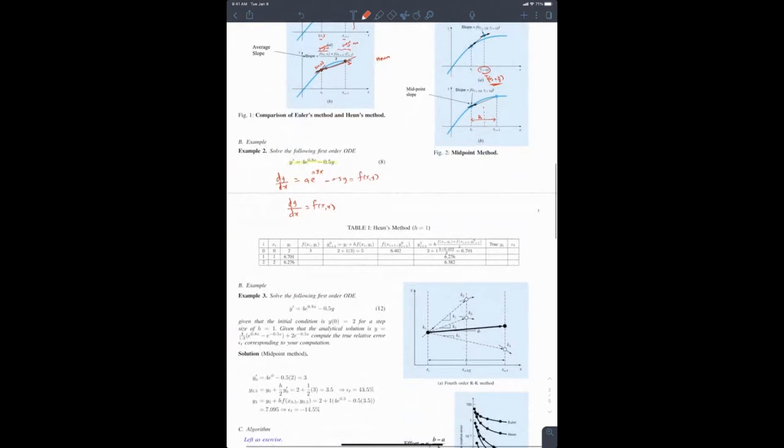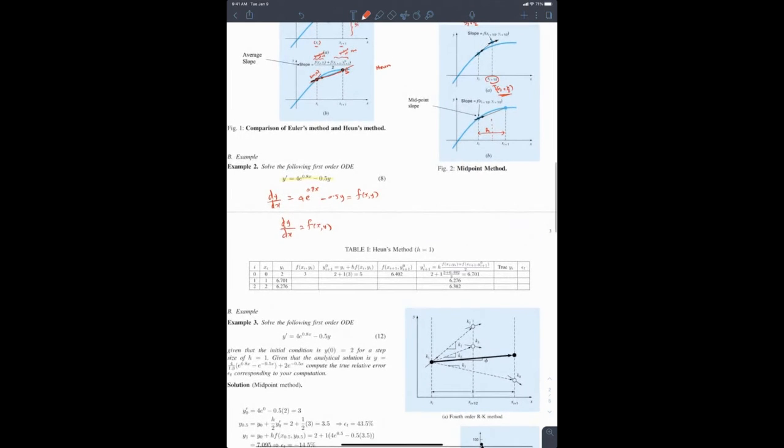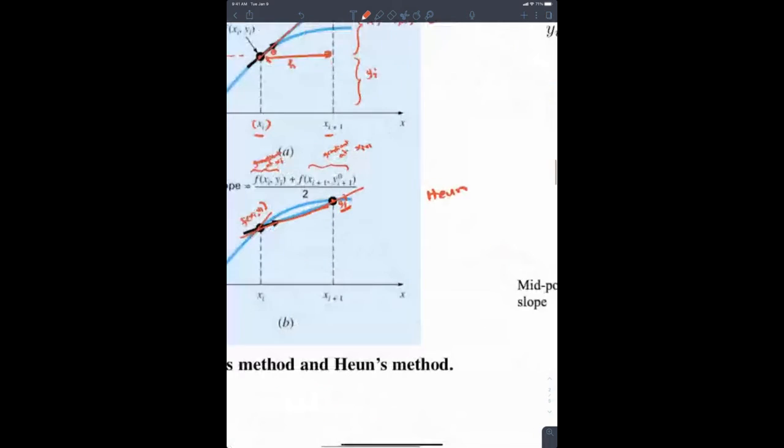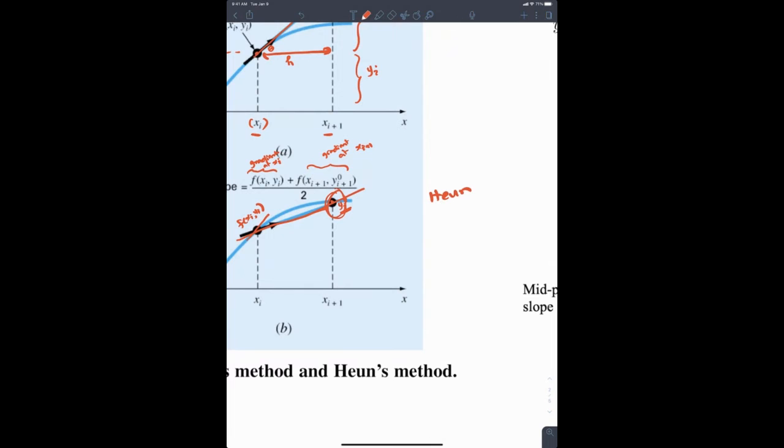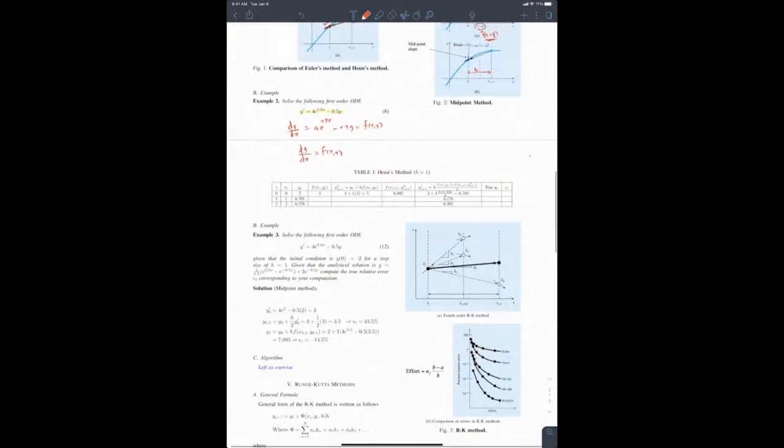It is just one iteration, because there's no way to refine this, right? Whereas here, this derivative you can always find a new one based on your supposedly new yi, and always refine it. So here it is just one iteration.